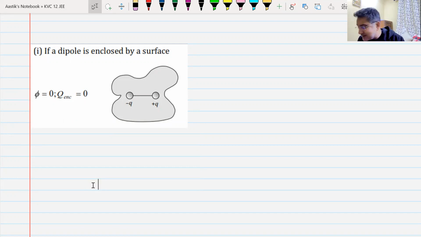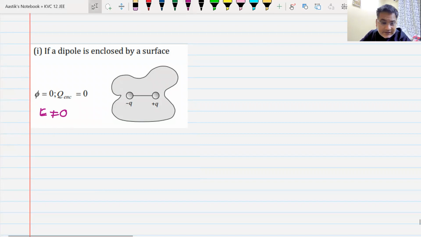Here, if there is a dipole inside a closed surface, the net charge of the surface is 0, and therefore you will have the electric flux as 0. But remember, here the flux is 0, but the electric field is not 0. Do we understand this? Because these charges are going to create their own electric field. The electric field is not 0, but the flux is 0.